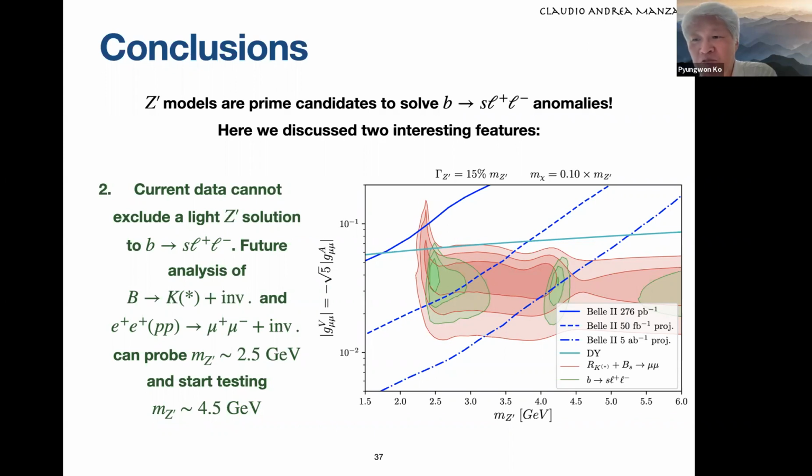Upsilon is a b b-bar bound state, and it can decay to 2 gluons plus Z prime because it's a charge conjugation minus 1 state, right? So it should involve 3 vector bosons, so the Upsilon 1S can go to 2 gluons plus Z prime.